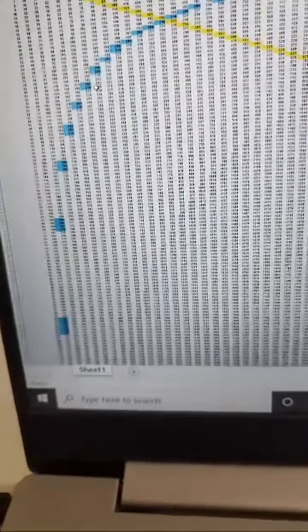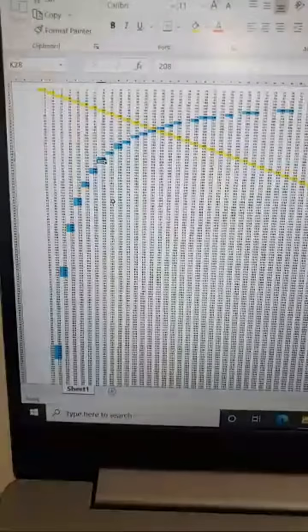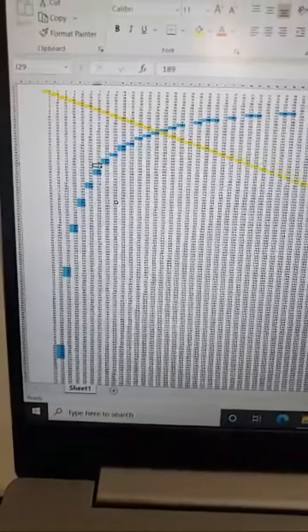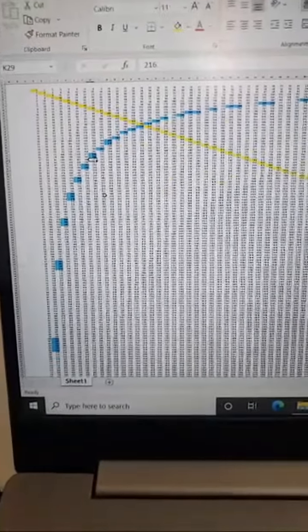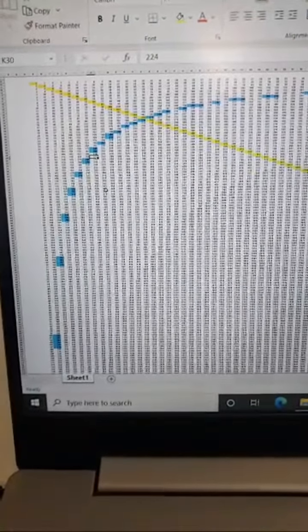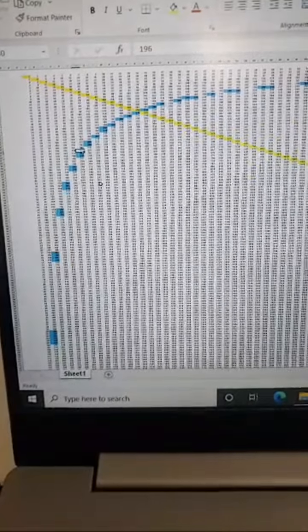And what numbers are here? Because you got 208, 216. What would it take to make them all touch? You would have to go higher and lower.